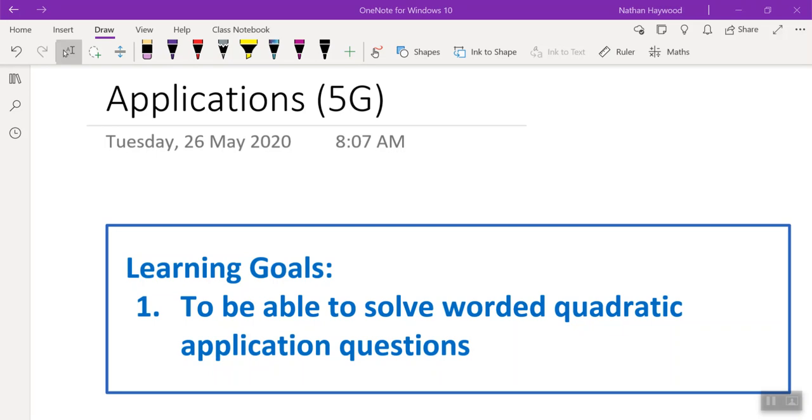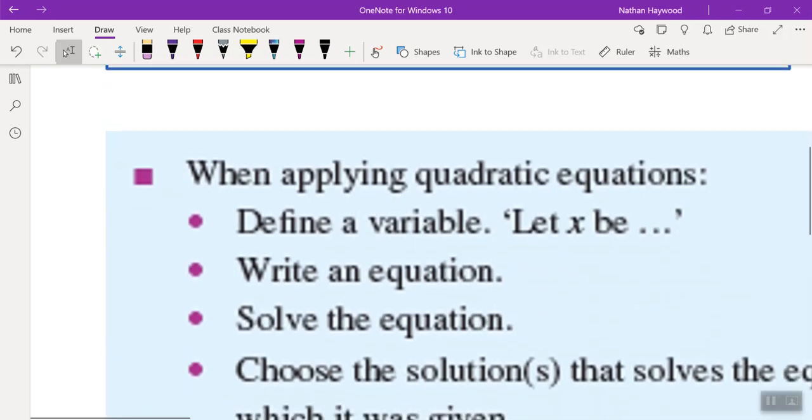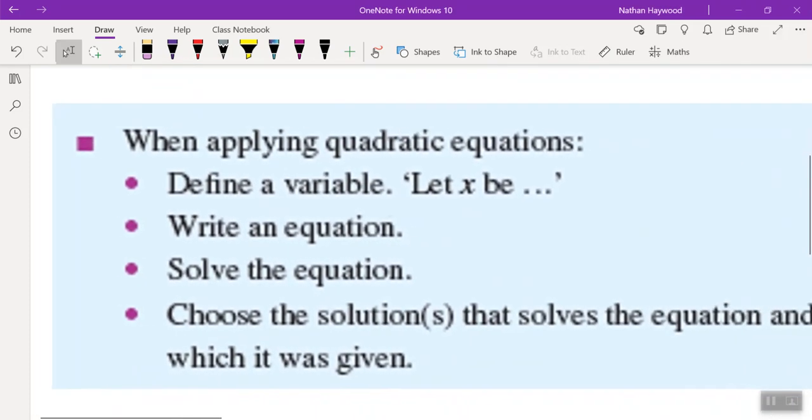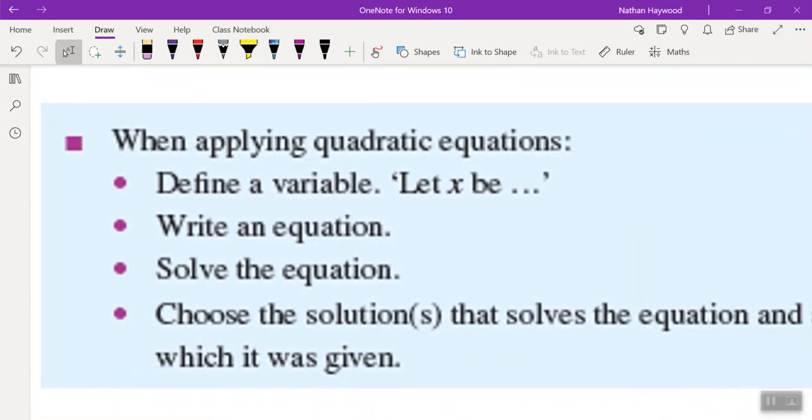Today's goal is to be able to solve worded quadratic application questions. There's a few steps in doing this. First step, you need to define a variable in the question. So this looks like a phrase, a sentence starter, let x be the number of ponies, or x be the length of the rectangle.